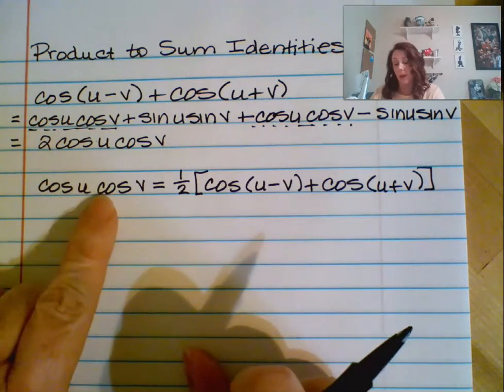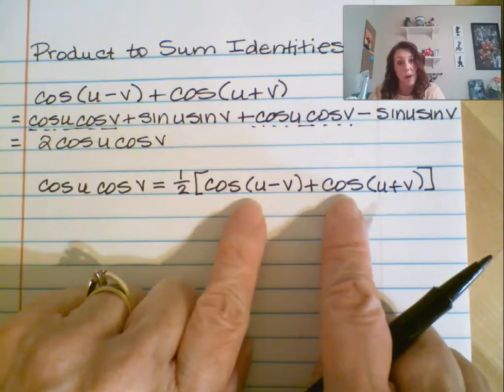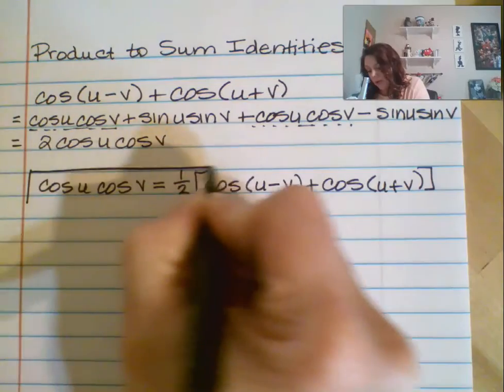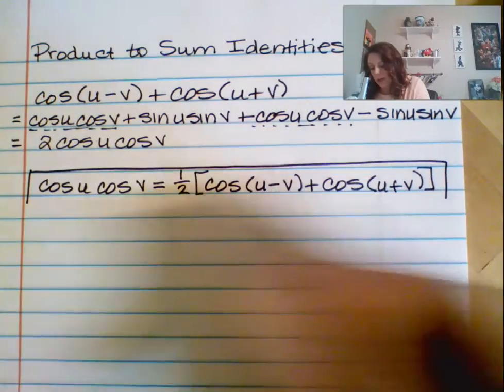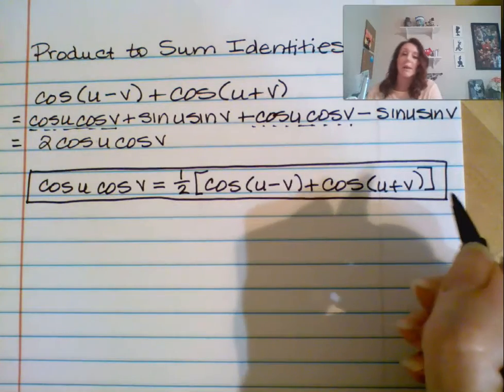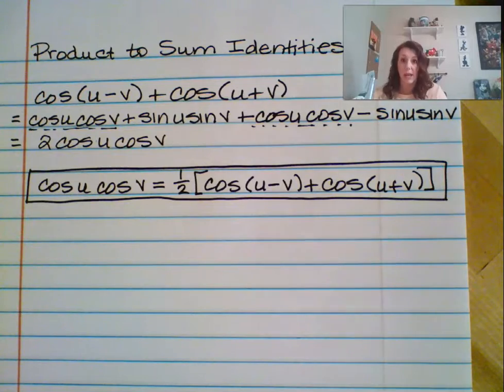Now, in this case, we've got a product of two cosines, and we can see that it equals the sum of these two cosines that we started with. So this is one of the product to sum identities. There are 4 product to sum identities in total, and what we're going to be looking at in the next little bit is how to develop those other 3 identities.